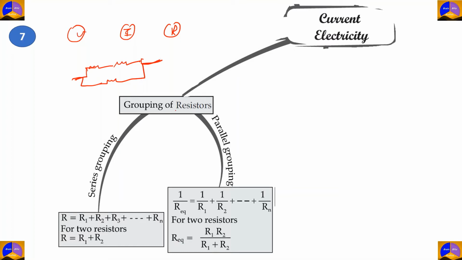So in grouping of resistors, we will be learning about two main types of grouping: series grouping and parallel grouping. In series grouping, two resistors are connected to each other in series. That means the end of one of the resistors is attached to the beginning of the other resistor.